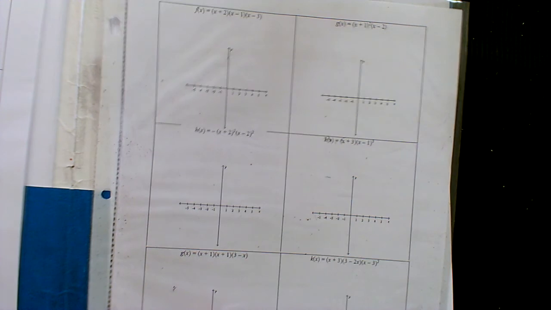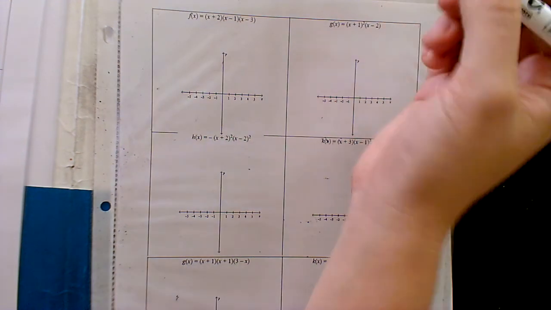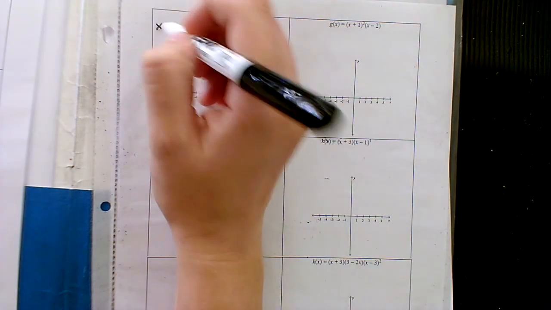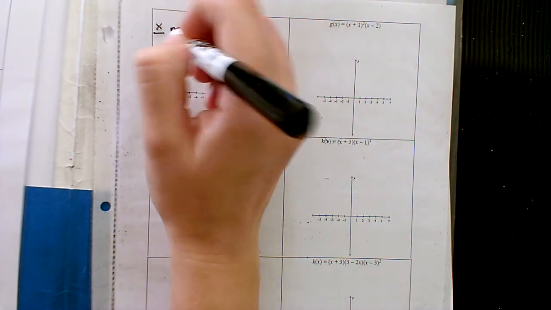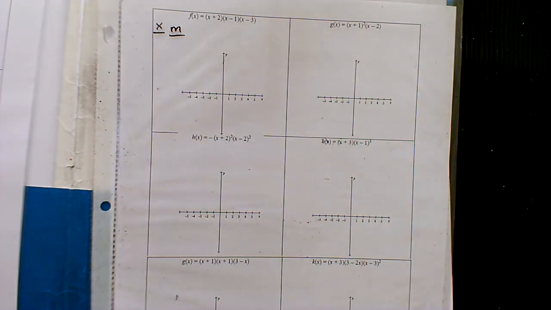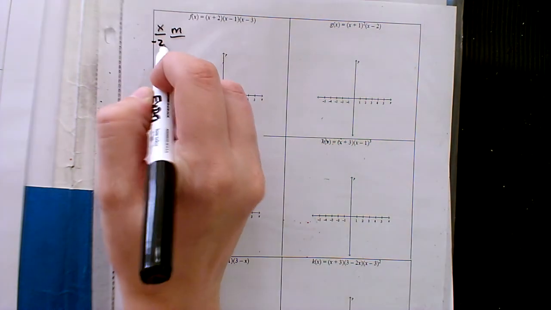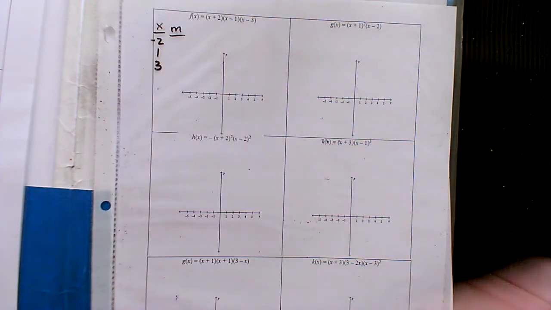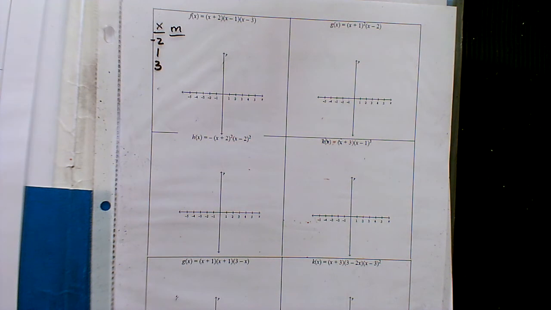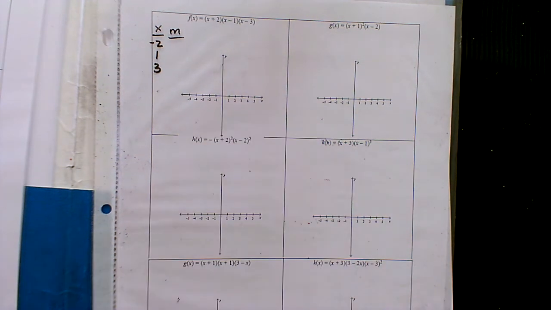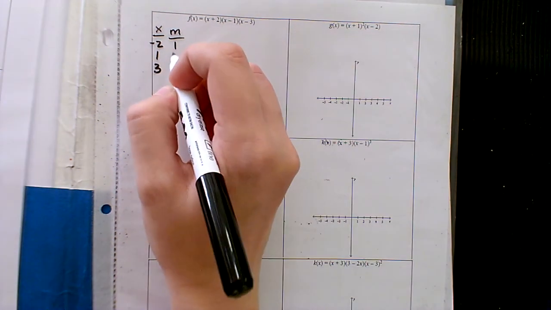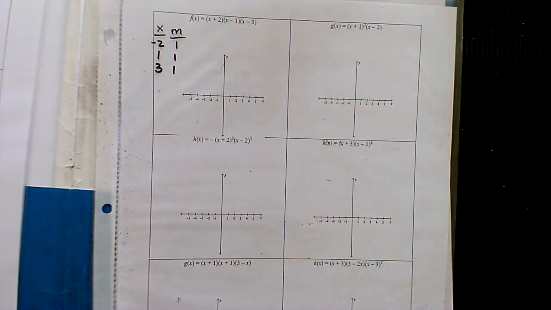We should actually be able to go straight there with these examples. So if we list x and multiplicity, we'll get -2, 1, and 3. Notice how none of the factors are written more than once or have powers other than 1. So all the multiplicities are 1.